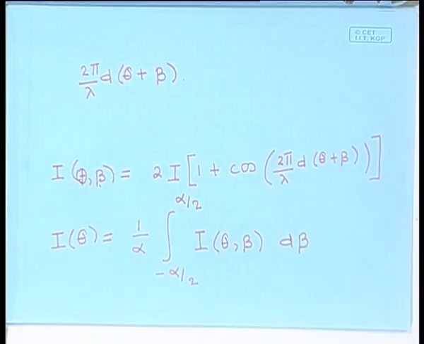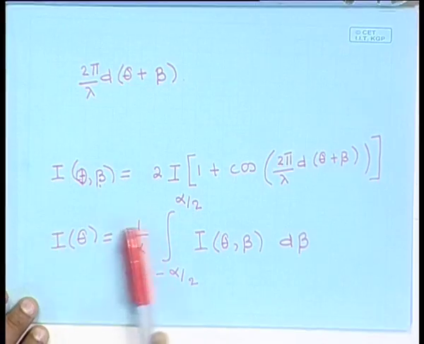So, what we have done is we have calculated the intensity produced by a single point on the source, and then we add up the contribution from all the points on the source. So, beta refers to the angle of the point on the source, and beta has to be integrated from minus alpha by 2 to alpha by 2 to get the total intensity at any point on the screen.